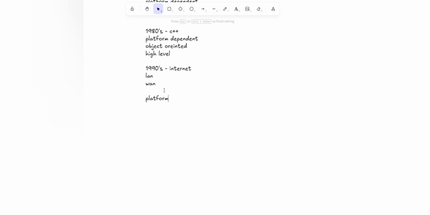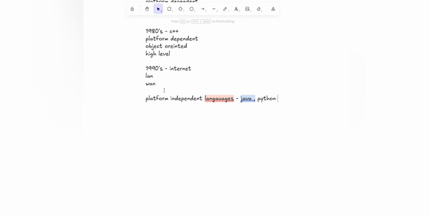So what are platform independent languages? Examples are Java and Python, which we are using today. Many companies use Java and Python because they are platform independent languages, irrespective of the OS you are using.